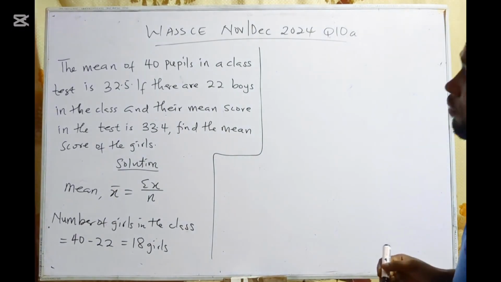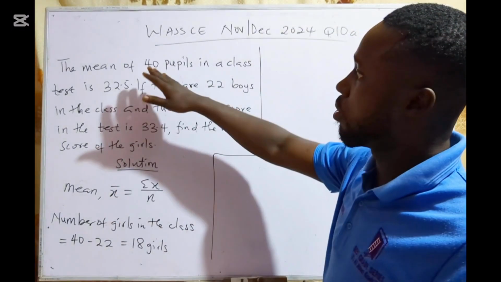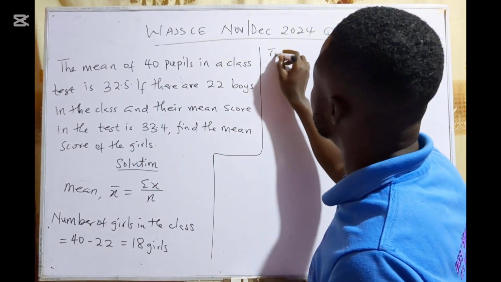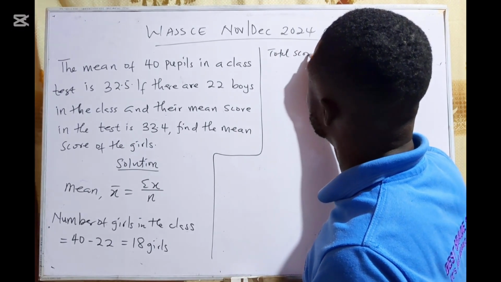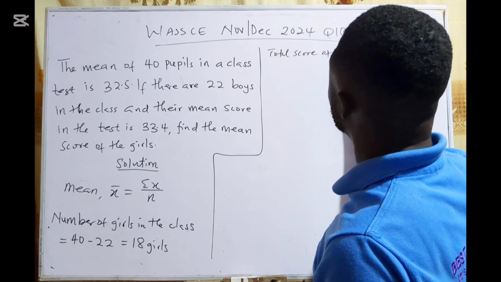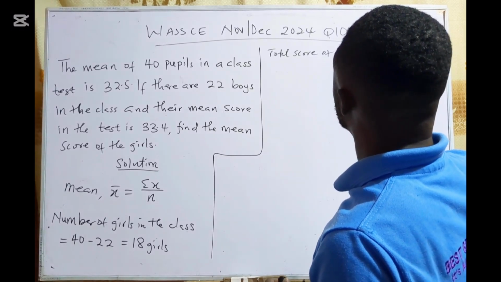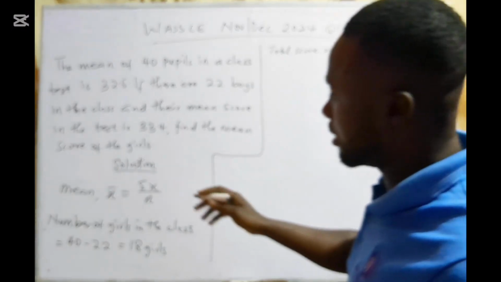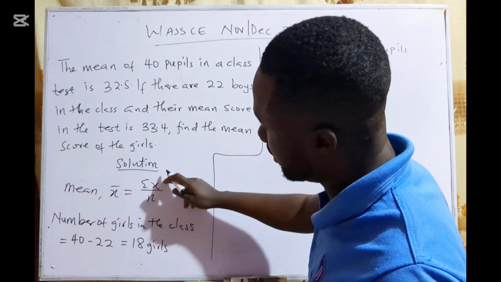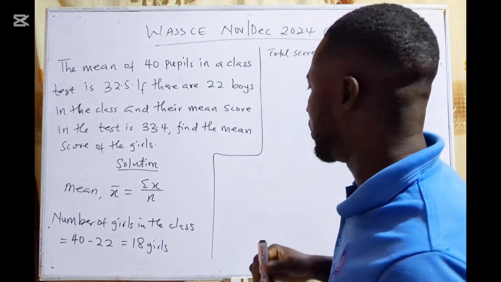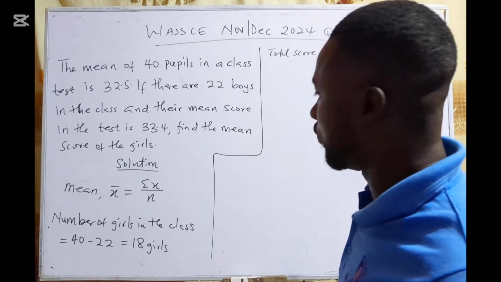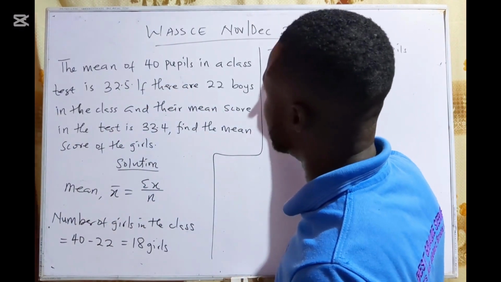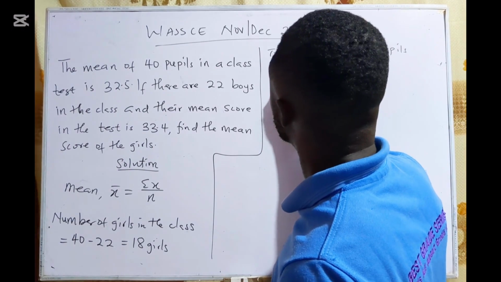So, let's find the total score of the 40 people in the class. We know that the mean is the summation over the number of values. So what was the mean of 40 people? That was 32.5.